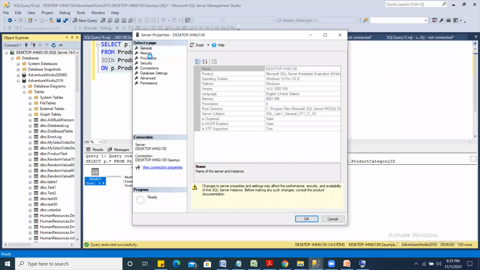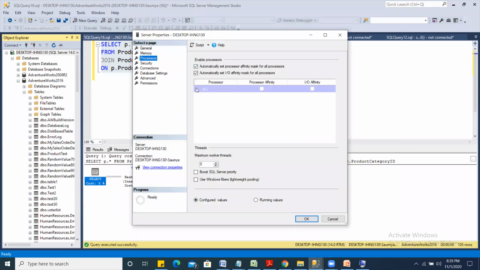You come to processors here, expand it. You see here, I have a single NUMA node. What does it mean? Under this NUMA node, I have 4 processors, right? NUMA and UMA, these two are CPU architectures, and I'm not talking about those architectures right now.